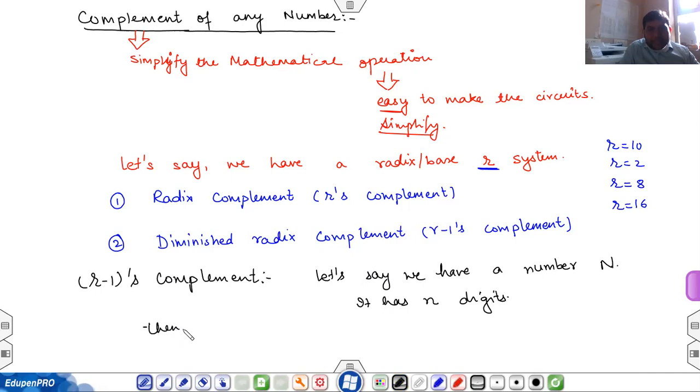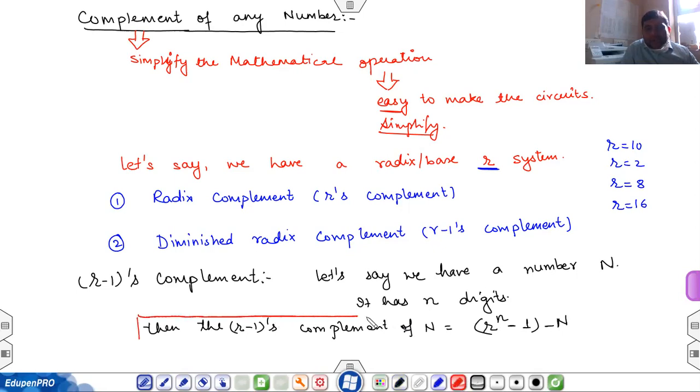Then the R minus 1's complement of N will be R to the power n minus 1 minus N. This is how we define the R minus 1's complement of any number N which has a small n number of digits.